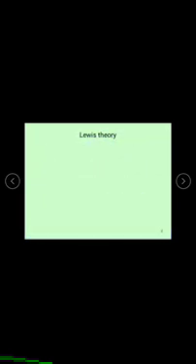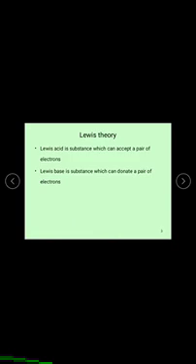According to Lewis theory, an acid is defined as a substance which can accept a pair of electrons and form a coordinate covalent bond. It is called a Lewis acid. According to Lewis, a base is defined as a substance which can donate a pair of electrons to another substance and form a coordinate covalent bond.